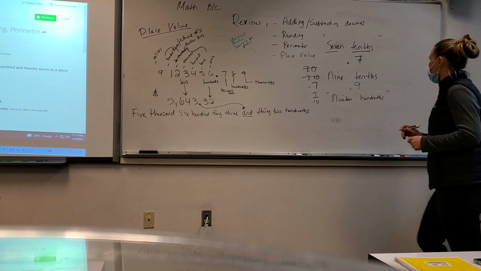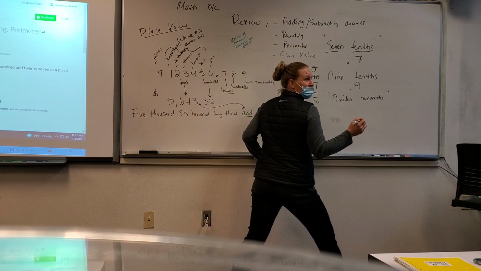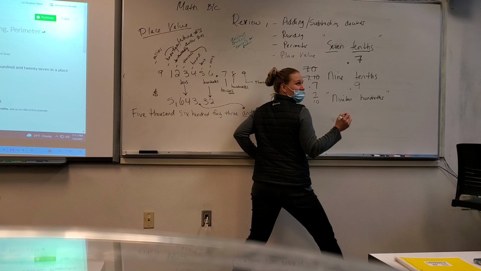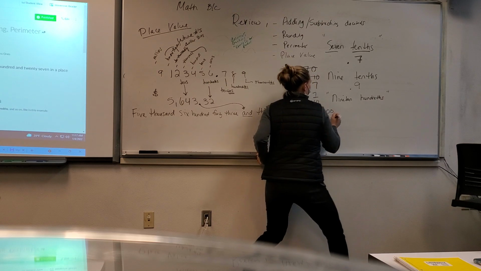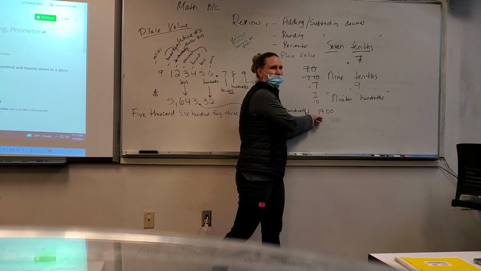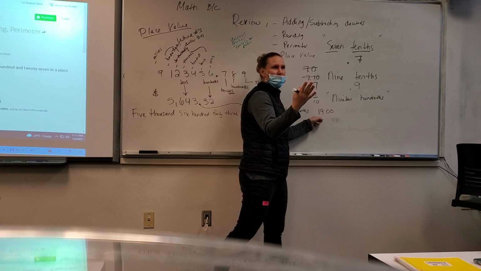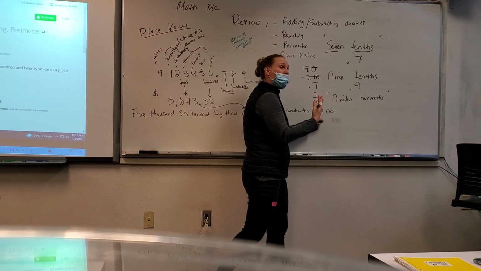So Shaylin, what do you got? 1900. Okay, so if I wrote 19.00, you're a cashier, what would that mean to you? $19. Okay, so how can we make that 19/100ths?